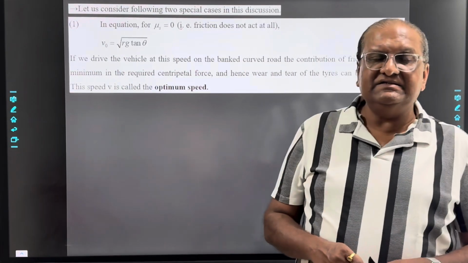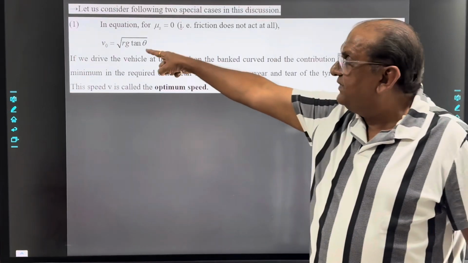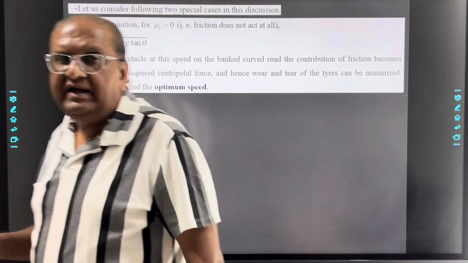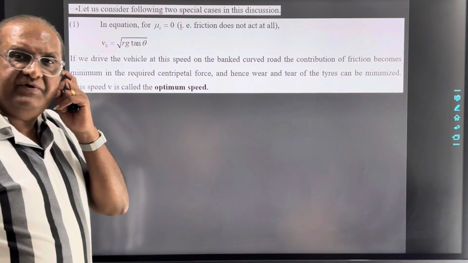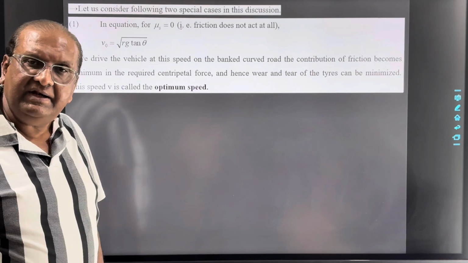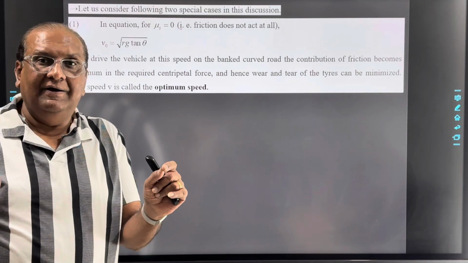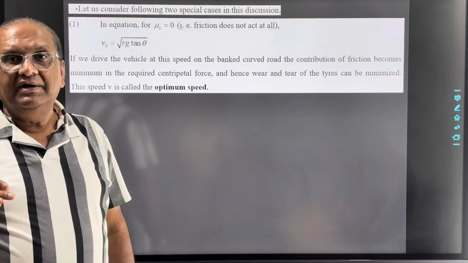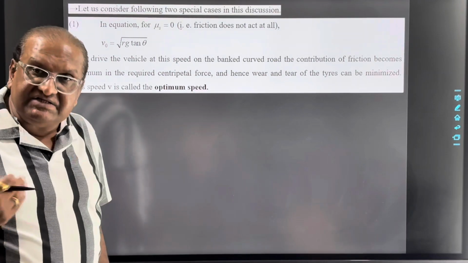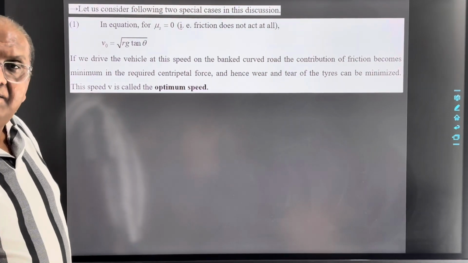If the vehicle is moved on that particular banked curved road with this speed, then the friction will be least, and the contribution of friction in the centripetal force will be almost 0, right? So in that case, the wear and tear of the tires of the vehicle will be minimum. So if the vehicle is moved on that banked curved road with this speed, which is known as optimum speed, then wear and tear of the tires can be minimized.